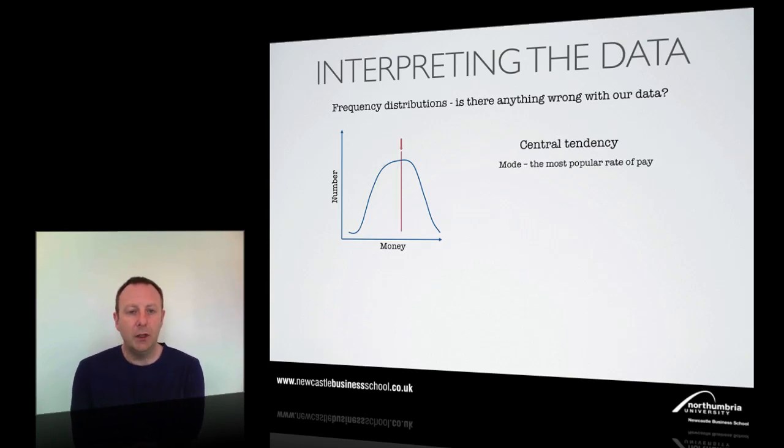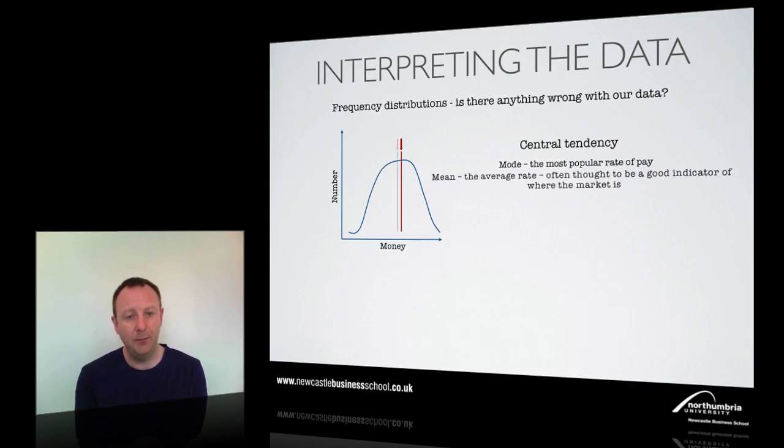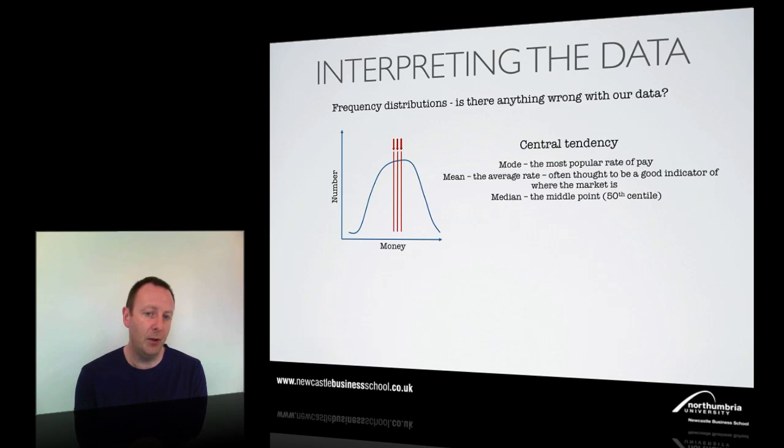Then we need to try and figure out, well, what does this tell us about what's going on in the market, and what is the market rate? And we might typically do this by looking at some measures of central tendency. So we might look at the mode, as the most popular rate of pay, or we may look at the mean, the average, which is often regarded as a good indicator of where the market is, or maybe we look at the median as the middle point.